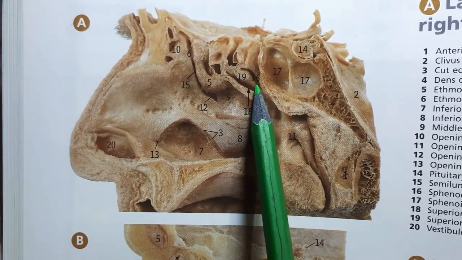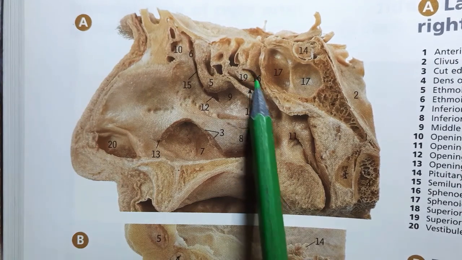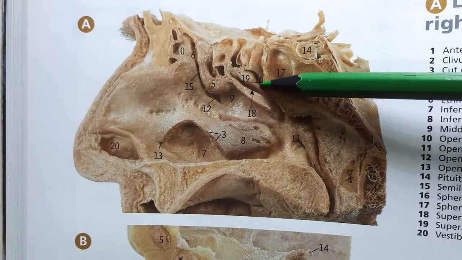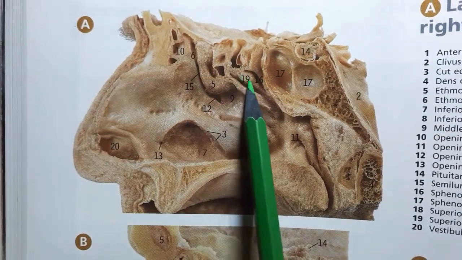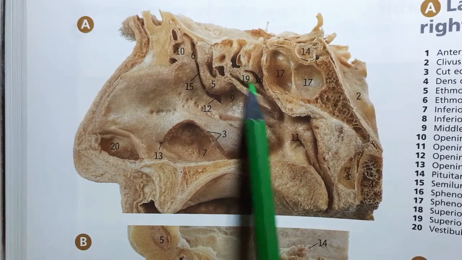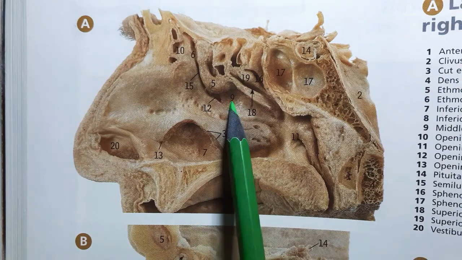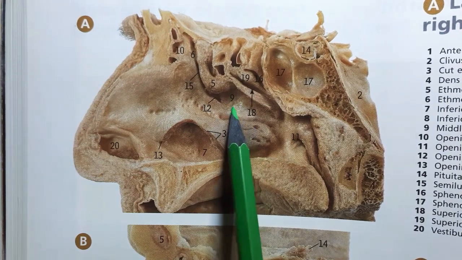Over here you can see the sphenoethmoidal recess. It's a groove like structure, a depression which is marked as 16. It is the sphenoethmoidal recess. This is the superior nasal concha, 19 is the superior nasal concha. The part which is marked as 9 is the middle meatus, and the middle concha has been removed.